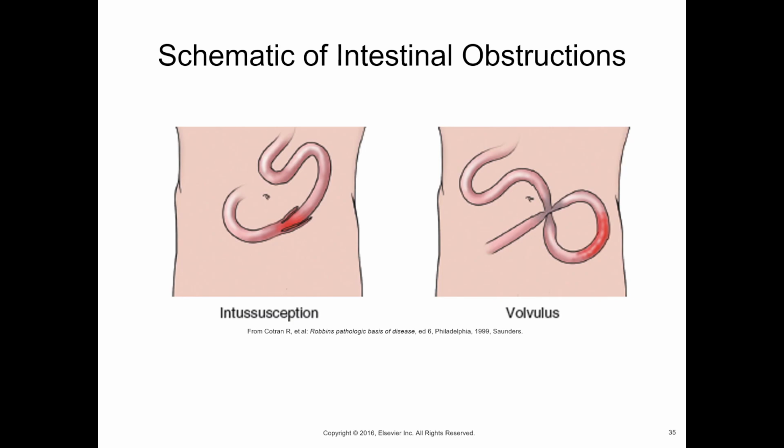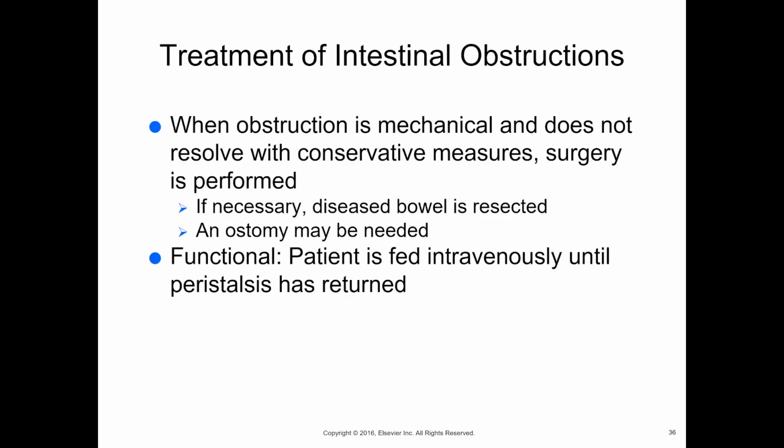It's like if you have a suitcase with an adjustable handle that allows you to walk upright while rolling it on the ground. That's essentially what happens here. It's the same idea as folding away that handle on your rolling suitcase. That happens to the intestine. And then there's also volvulus, which is basically where the intestine rolls the other direction on itself and strangulates itself.